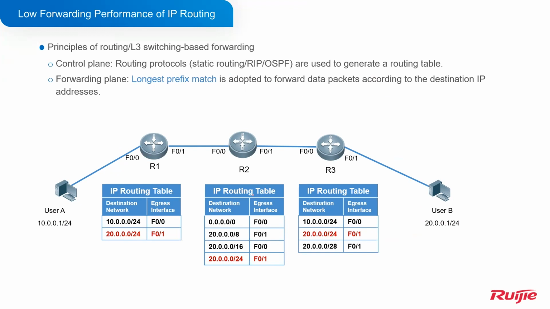If the message is sent out from user A with the destination 20.0.0.1, when router 1 receives this message, it takes the destination to match all the routing information, and finally finds this link is the best one. Router 2 does the same and finds the last path is the best one.